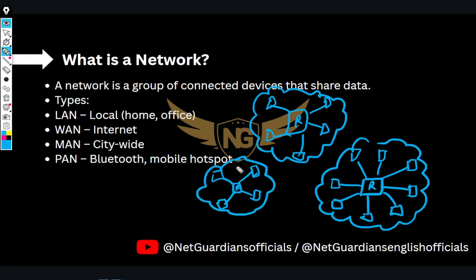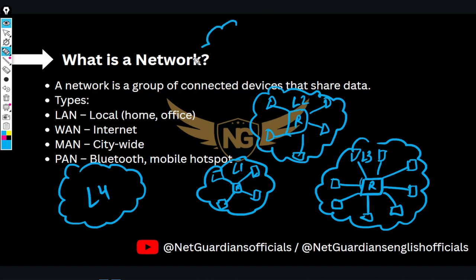We can mark them as L1, L2, L3. We can also make one more, L4. I'm not going to draw the other details in it. Let's make one more here, L5. Now these all are LANs. I have a total of 5 LANs on my screen which you are able to see.